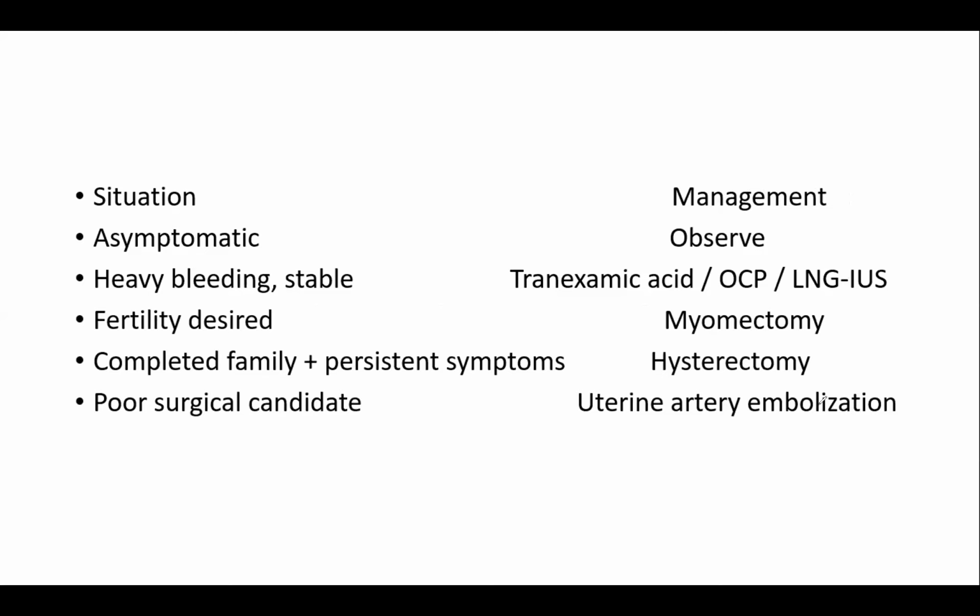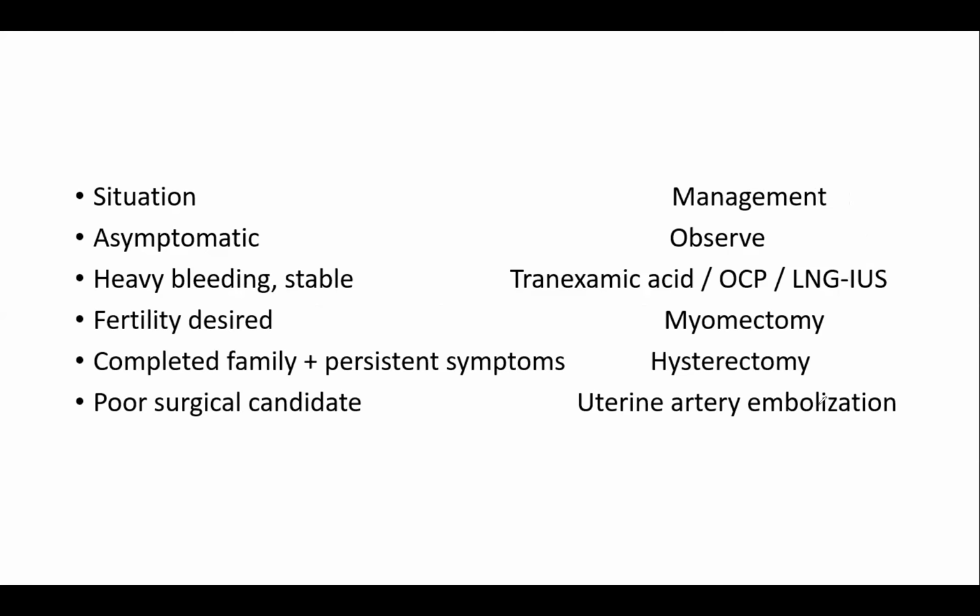According to the situation, management varies. If the patient is having asymptomatic fibroids, nothing to be done. Just observe. Reassure the patient, tell the patient, come every year, do a scan, see how fast the fibroid is growing. That is enough.